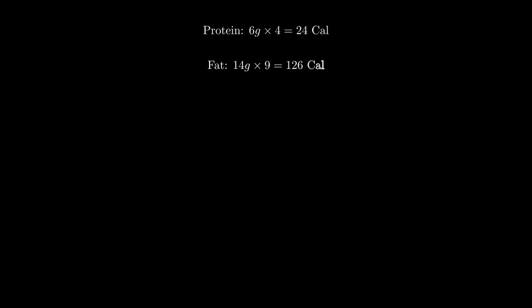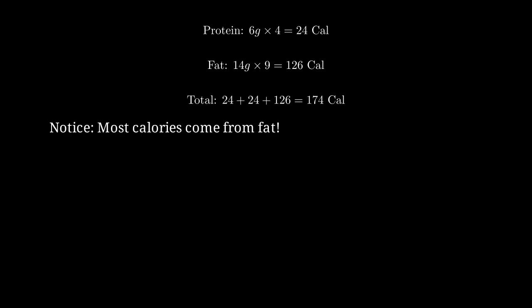From fat, 14 grams times 9 equals 126 calories. Total, 24 plus 24 plus 126 equals 174 calories. This matches what you'll find on the nutrition label. Notice that even though almonds contain only 14 grams of fat compared to 12 grams of carbs and protein combined, most of the calories come from fat due to its higher energy density.